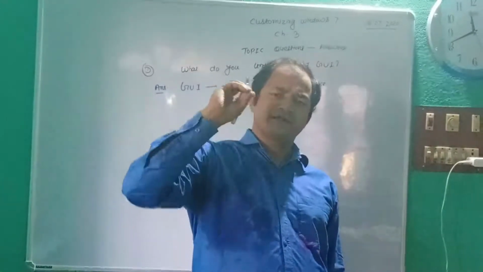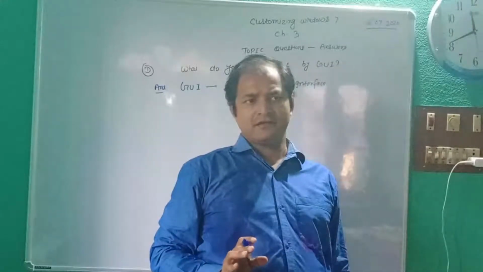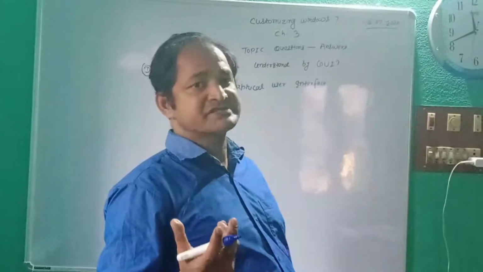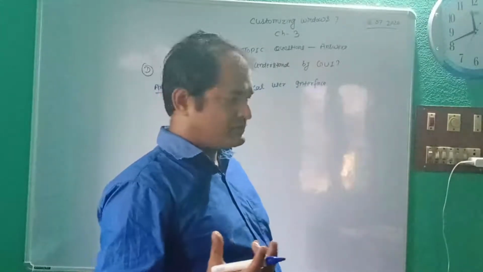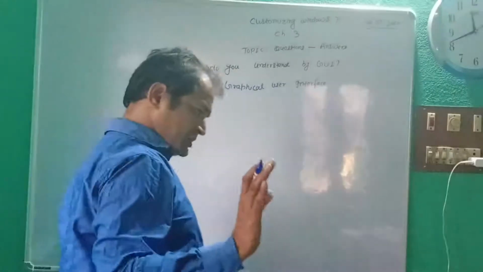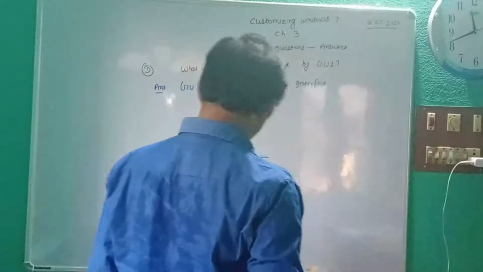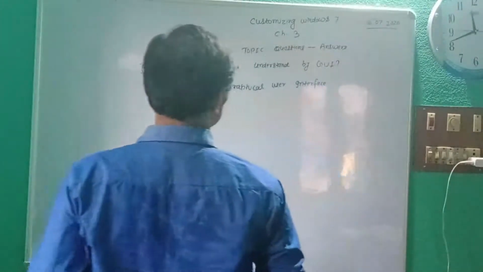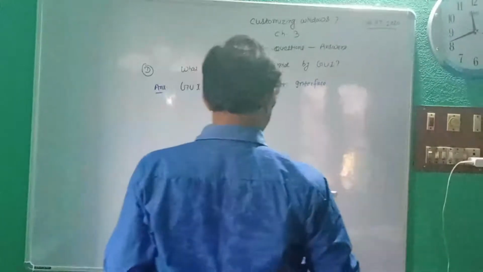Every point is understandable because I use very simple sentences. So many students do not watch the video, and you lose time. Again, what is the graphical user interface? GUI means graphical user interface.